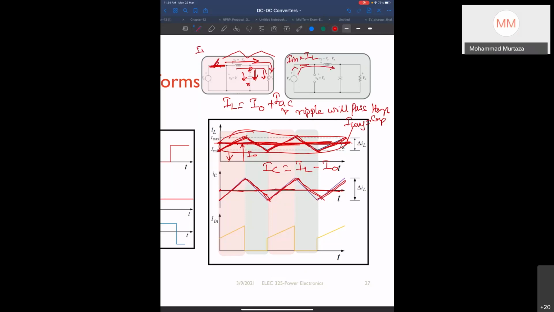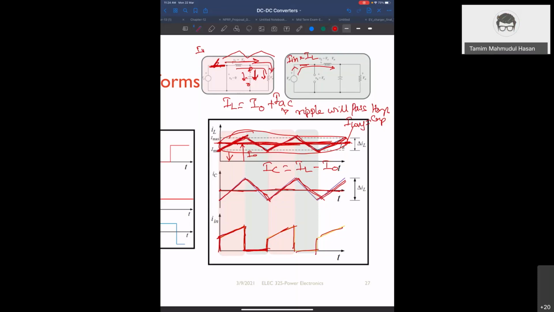Zero. So when the switch is off, the input current is zero. And when the switch is on, it is the same as the inductor current, the positive part. So this is your input current. You understand this?